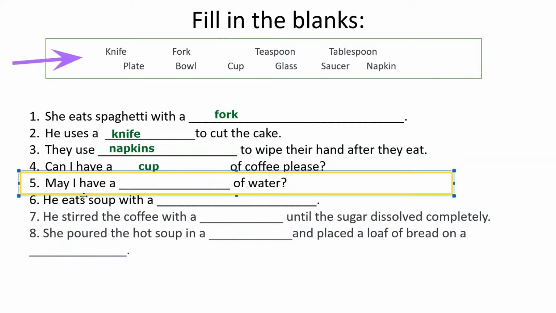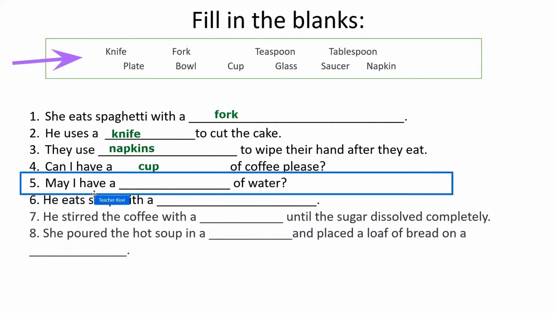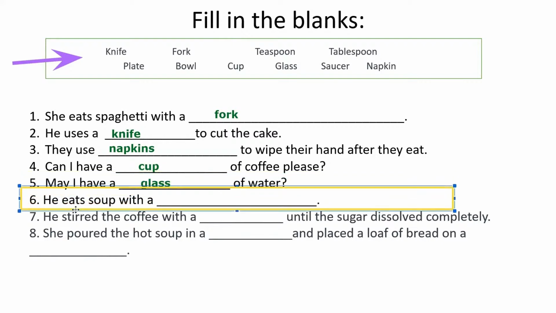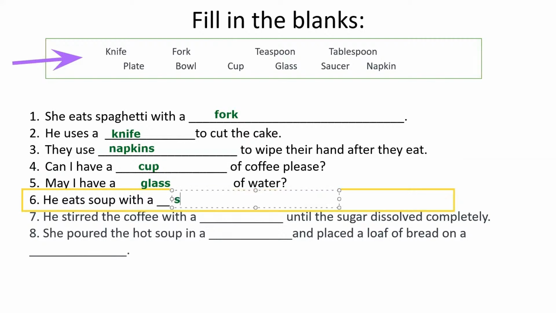And number 5, may I have a of water? So we would say, may I have a glass of water? Perfect. And number 6, he eats soup with a spoon. He eats soup with a spoon.